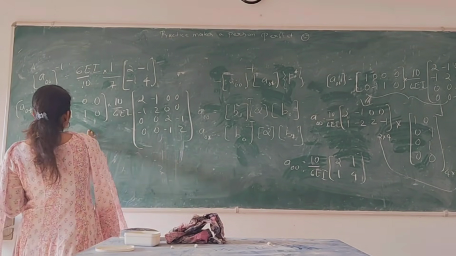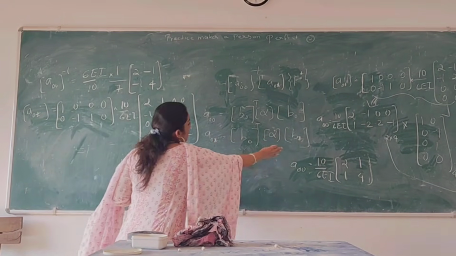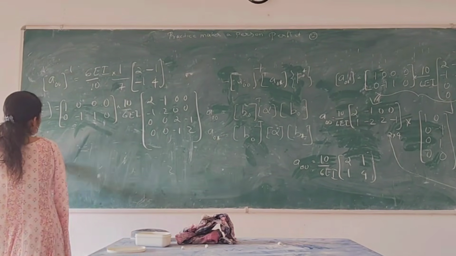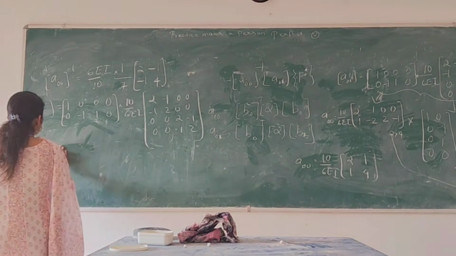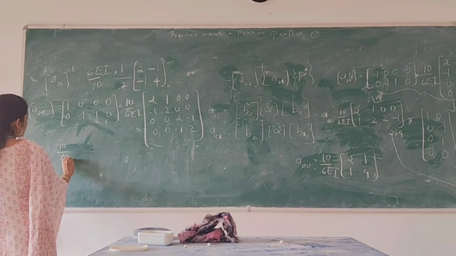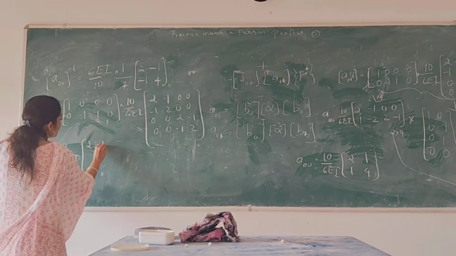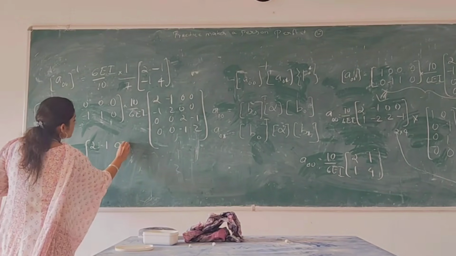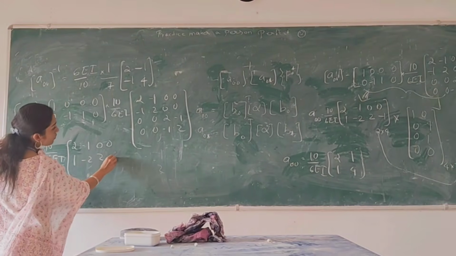So this is B naught transpose into alpha. Again you have to multiply with B star. So this answer you know, right? Which we have already calculated here. This is going to be 10 by 6ci into 2 minus 1 0 0 and 1 minus 2 2 minus 1.